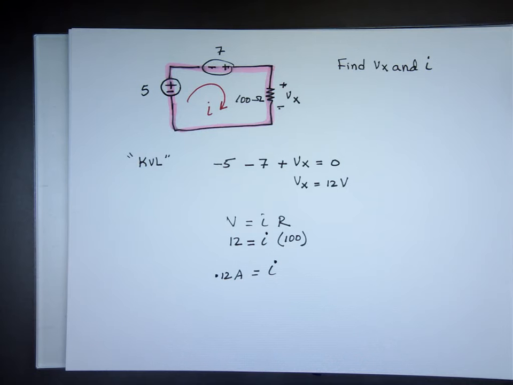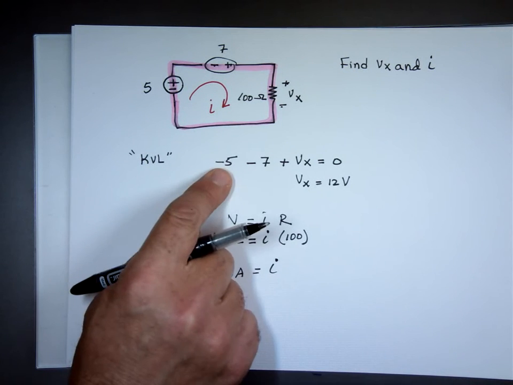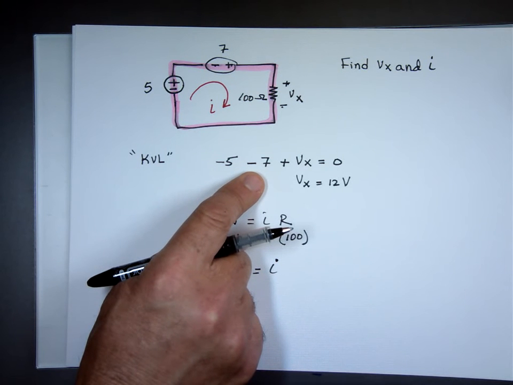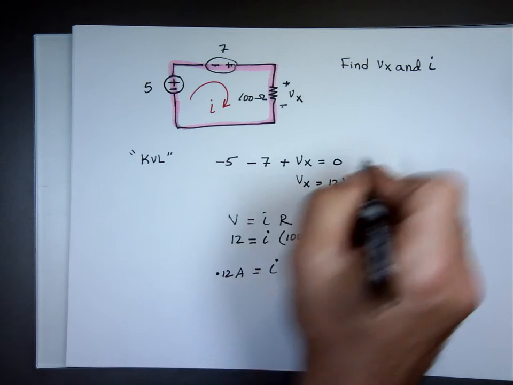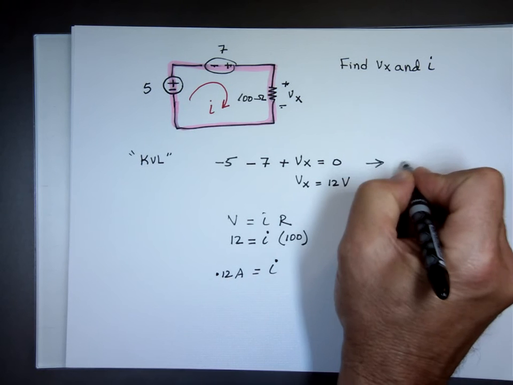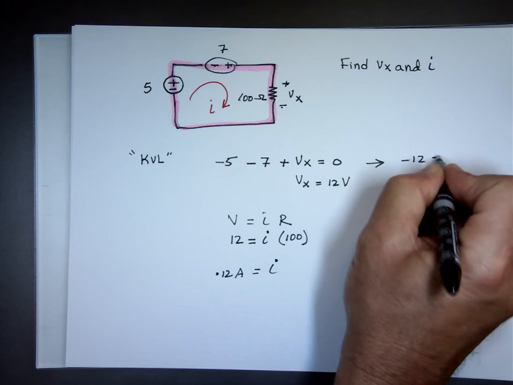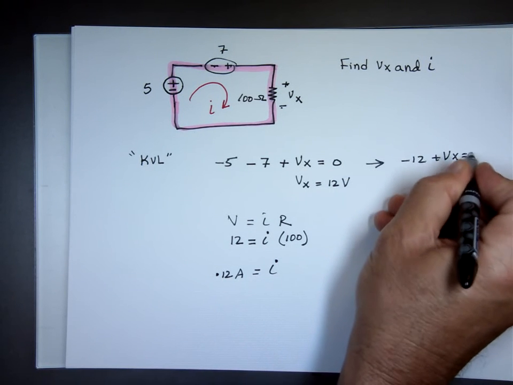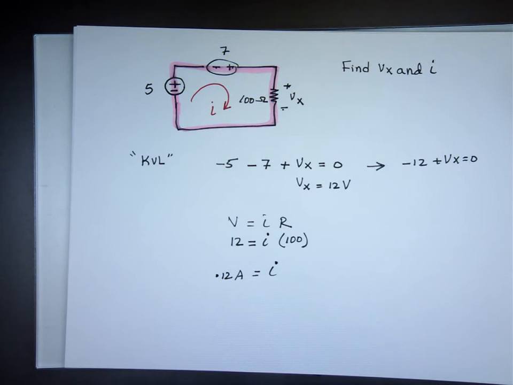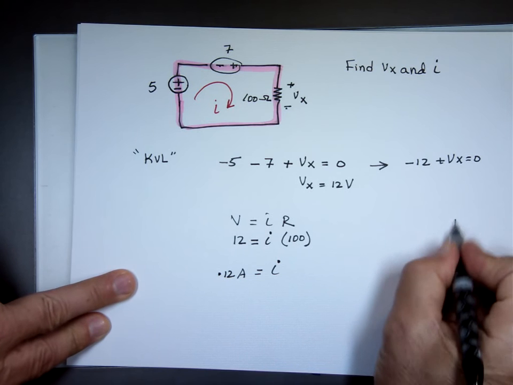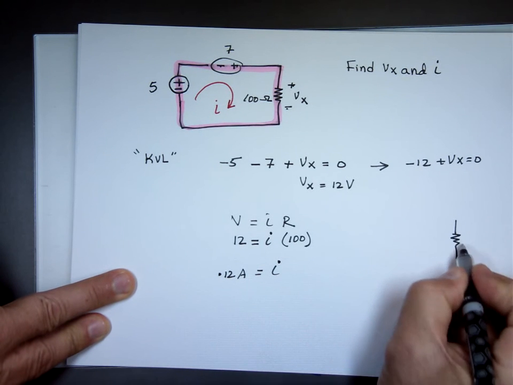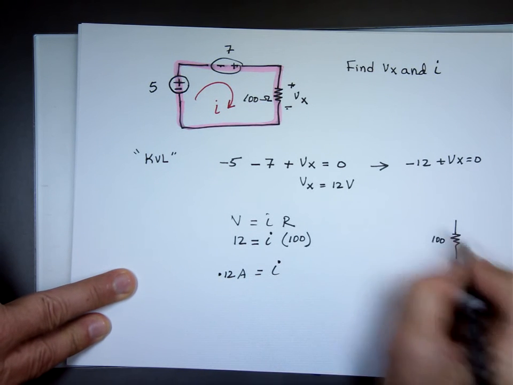One more thing I want to add to this while we're looking at it. If you add the negative 5 and negative 7, that'll give you what? Negative 12? So you can actually take this equation and rewrite that as negative 12 plus Vx. You agree with that? So if I take this resistor and I put 100 ohm here, that's the resistor, that's Vx.